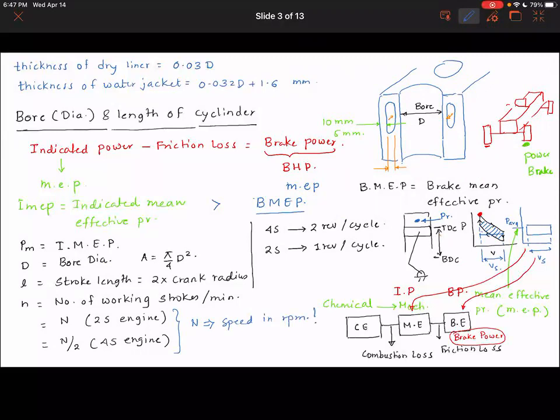So if you have a 2-stroke engine running at 1000 RPM, that means your working strokes are 1000 strokes per minute. On the other hand, if you have the 4-stroke engine again running at 1000 RPM, then you have effectively 500 strokes per minute.